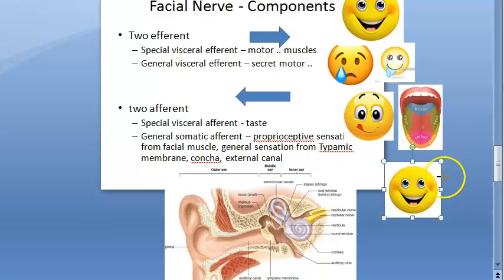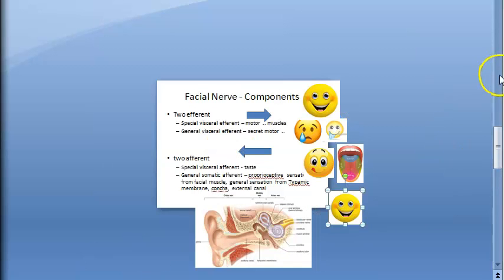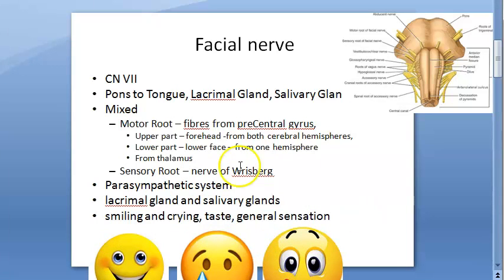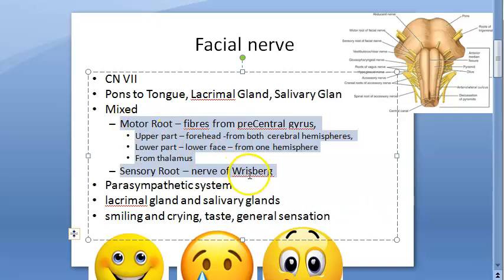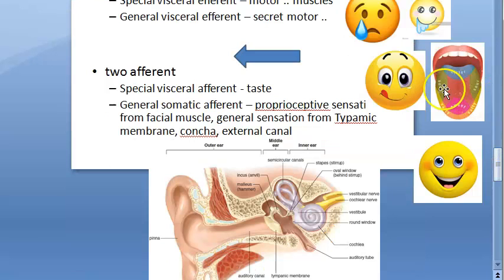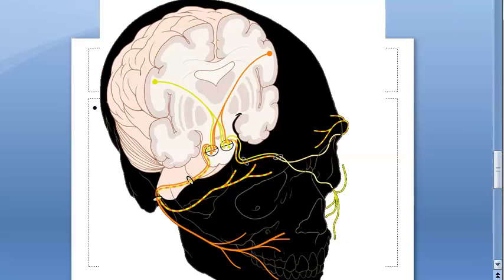Proprioception means you know exactly which location it is, in which position it is. That is all sent to the facial nerve. So guys, now you have understood that the facial nerve has a motor root and a sensory root. The motor root comes from a lot of places, the sensory root from some places. Basically you should understand that the facial nerve has some parts. Okay, let us look at those parts now.